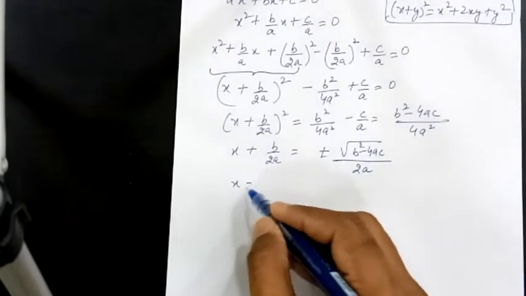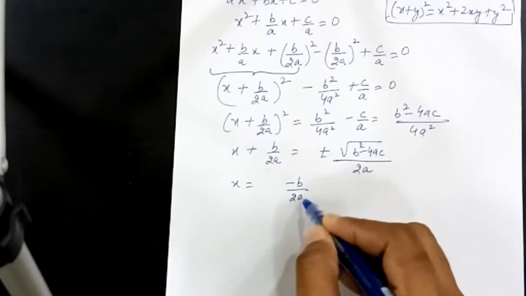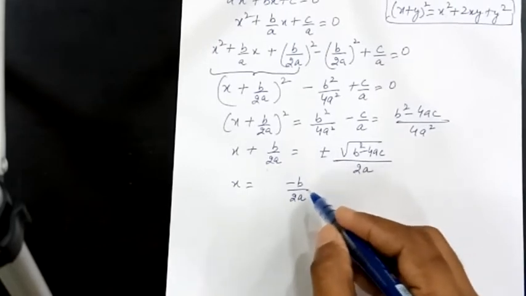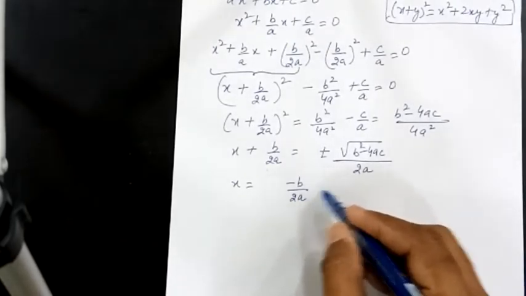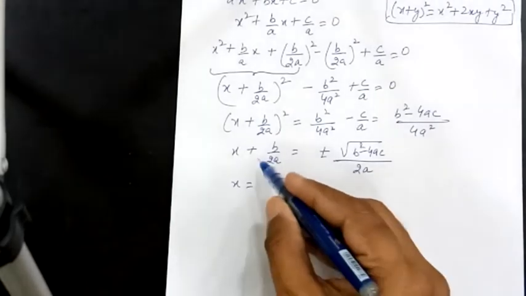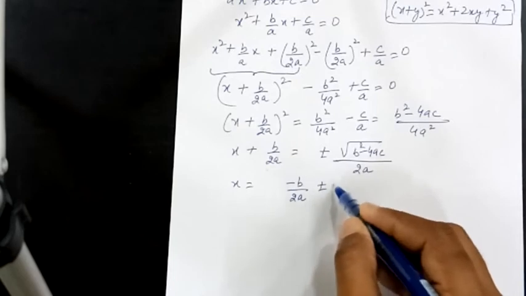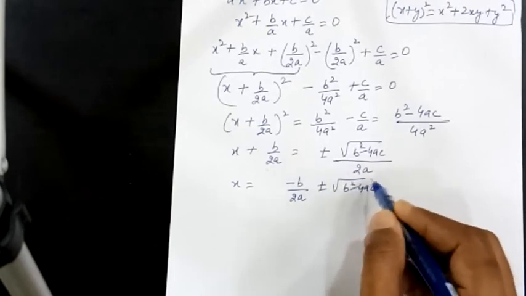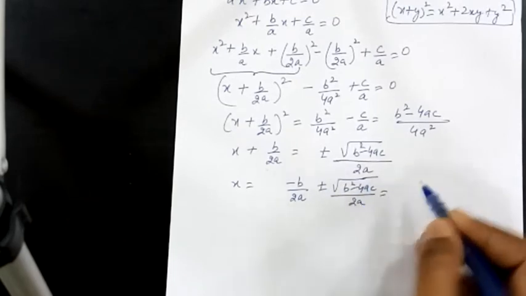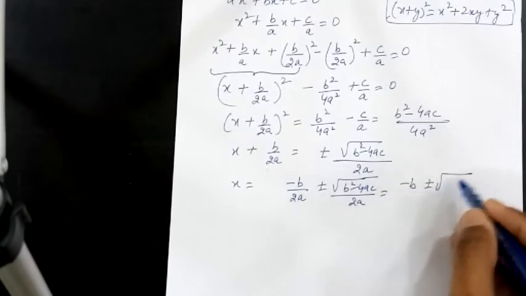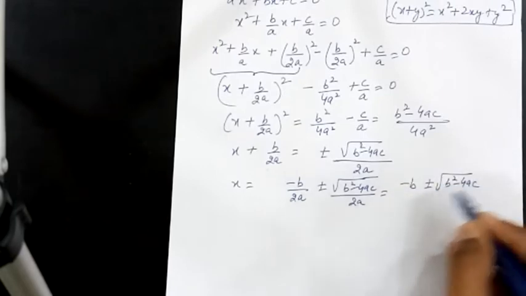So x will be equal to minus b upon 2a plus minus square root b square minus 4ac upon 2a, or you can say x equals minus b plus minus square root b square minus 4ac upon 2a.